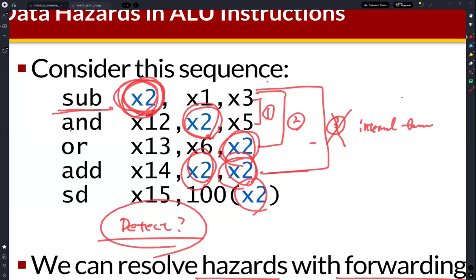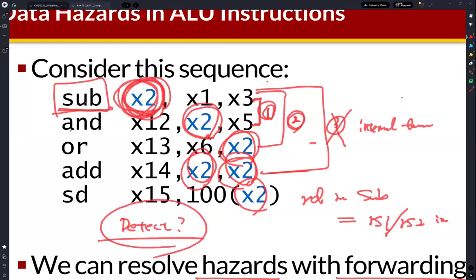So actually in the pipeline architecture, we need to detect the first case, forward case 1 and forward case 2. And how? Simply we can check the RD in sub, and if the RD in the sub instruction is equal to RS1 or RS2 in AND, right?